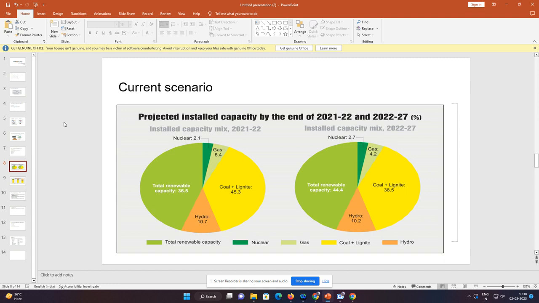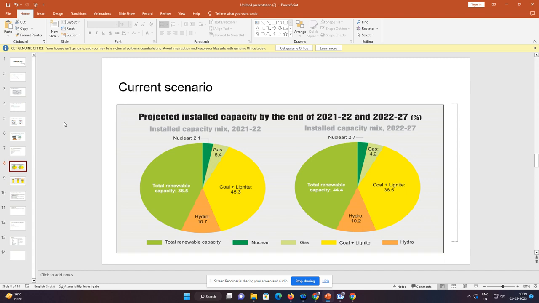So, this is the installed capacity by the end of 2021-22 and 2022 to 2027 in percentage. The Government of India has made a commitment to achieve 40% of cumulative installed electricity capacity from non-fossil fuel based energy resources by 2030.